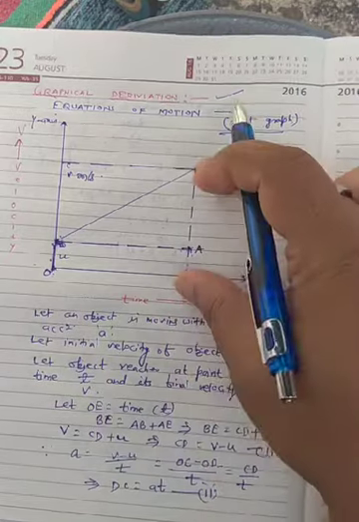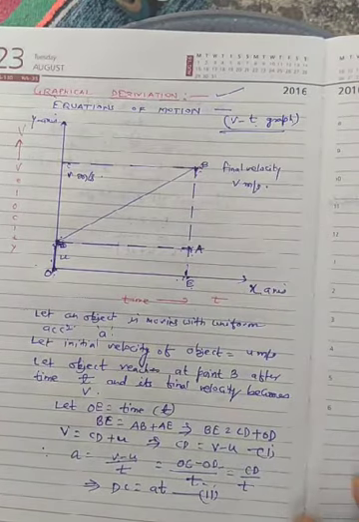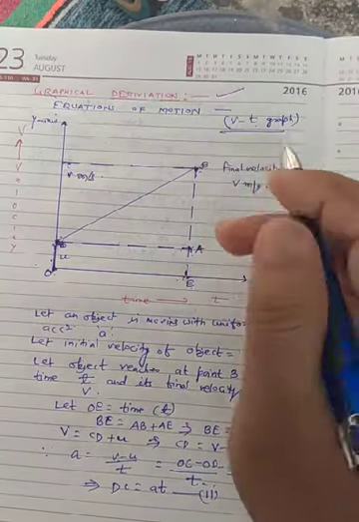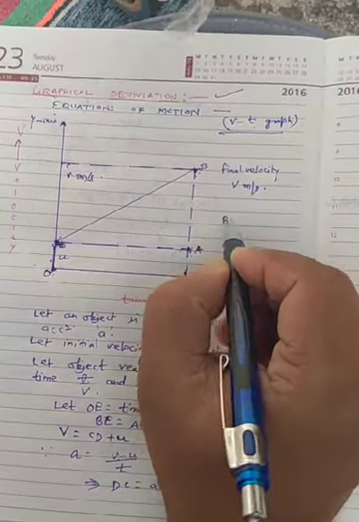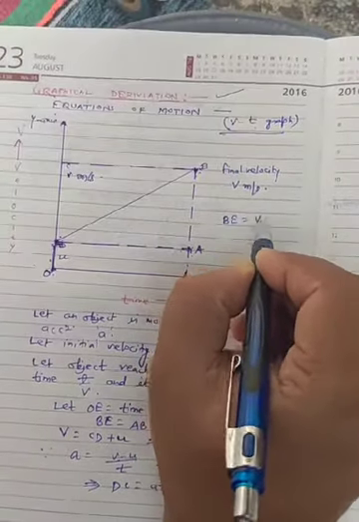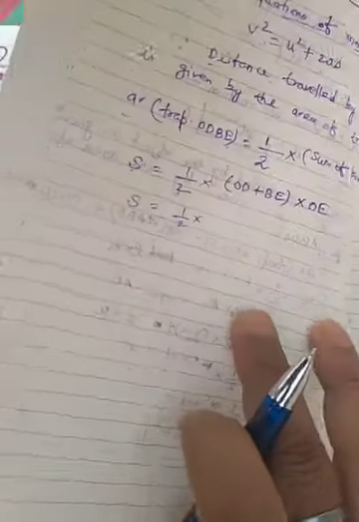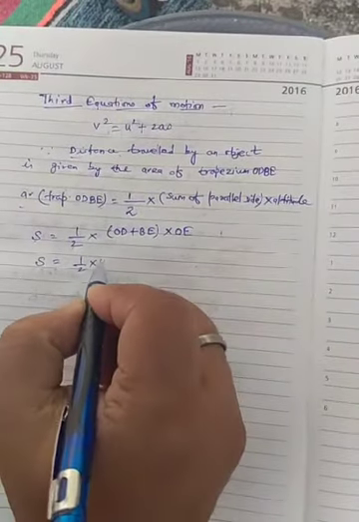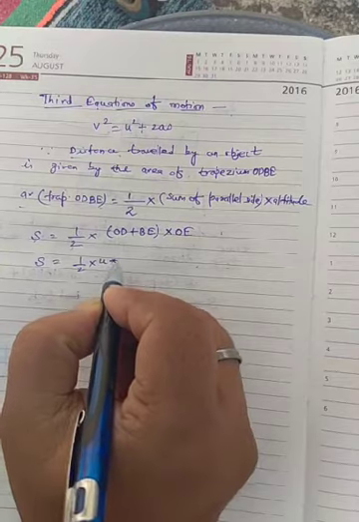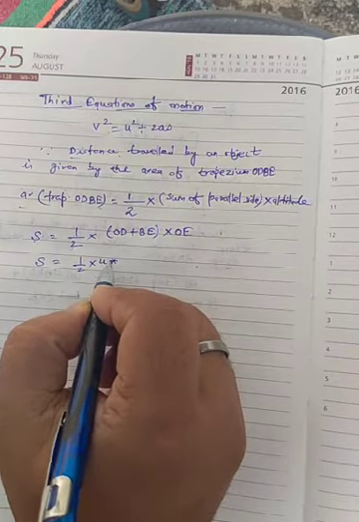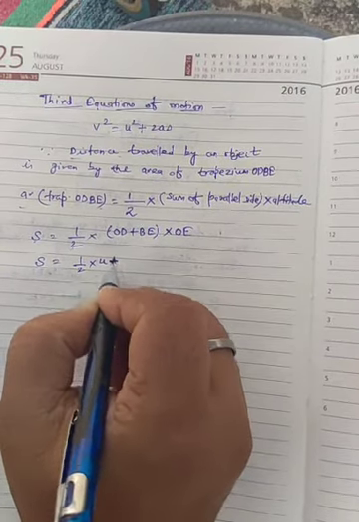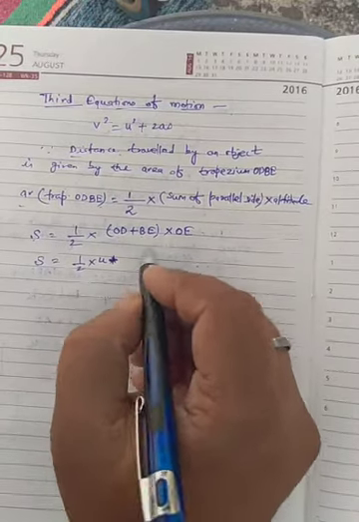Okay. What is BE, students? BE is B minus U. So I am writing in place of OD, U, plus BE.